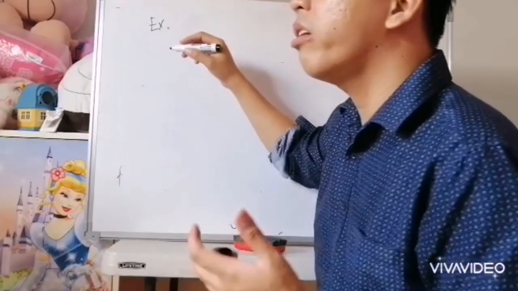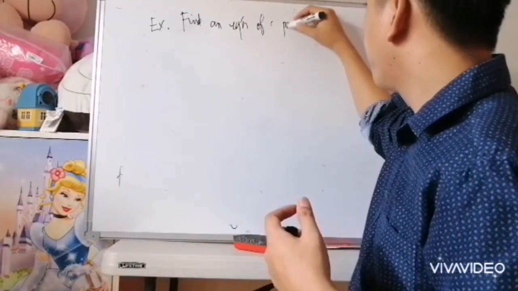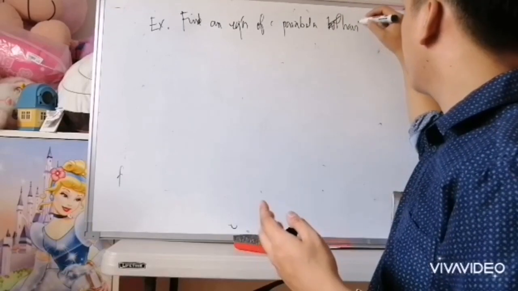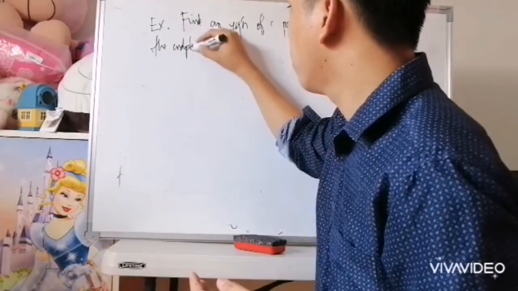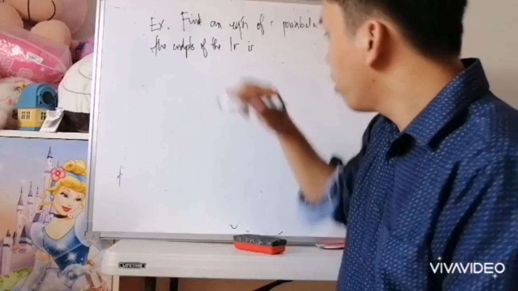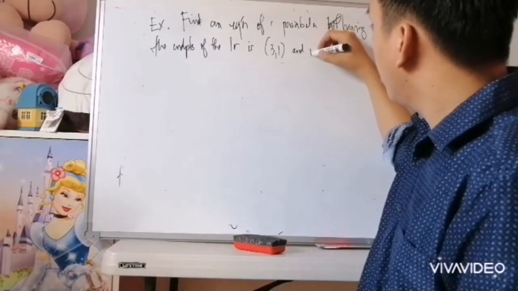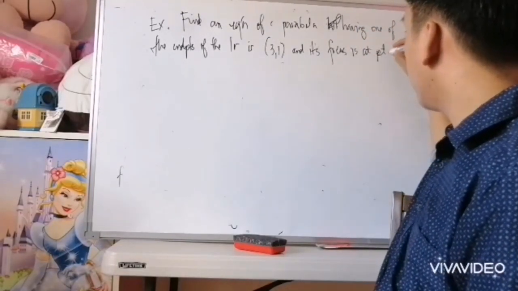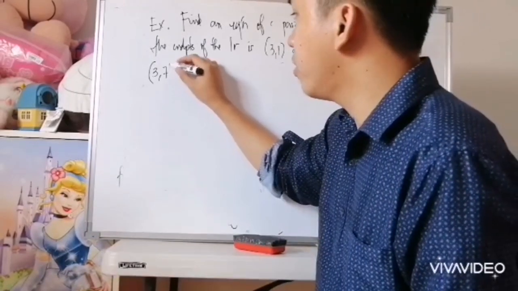Okay, so this time let's consider another example of a parabola. Let's say, find an equation of a parabola having one of the endpoints of the latus rectum at 1, 1, and its focus at point 1, 7.